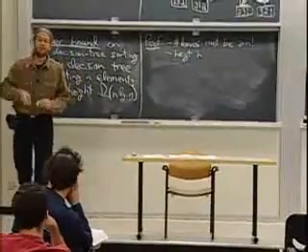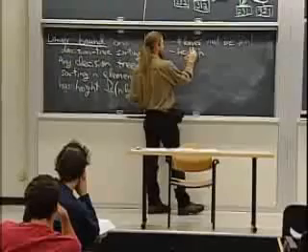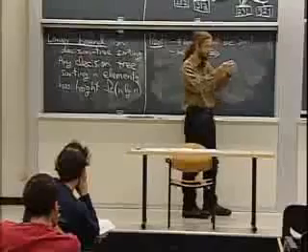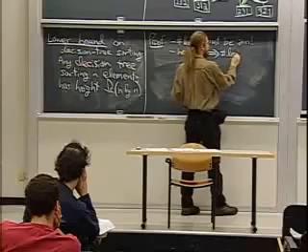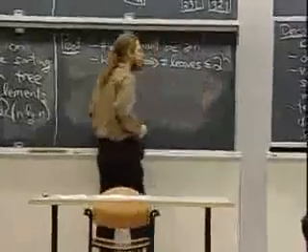Sorry? 2 to the h, exactly. Because this is a binary tree, comparison trees always have a branching factor of 2, the number of leaves has to be at most 2 to the h if I have a height h tree.